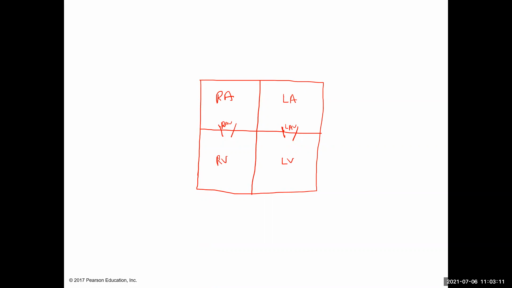Then what I like to do is draw my semilunar valves. So this is the pulmonary semilunar, and then this is the aortic semilunar valve. Then you have your superior vena cava, your inferior vena cava.